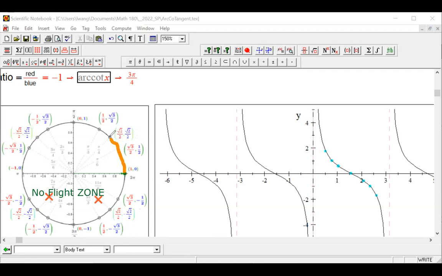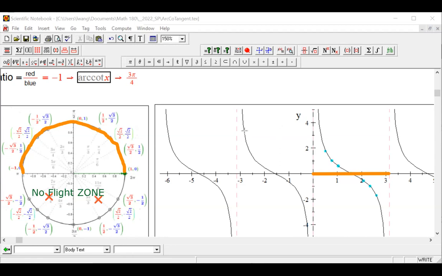This piece of arc length. And what would that be on the graph? It's from 0 to pi.